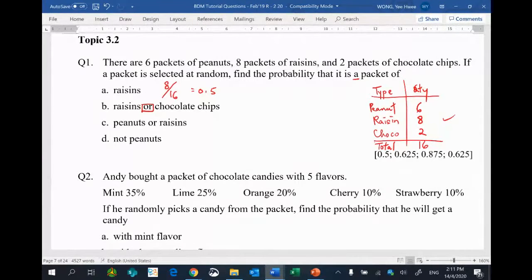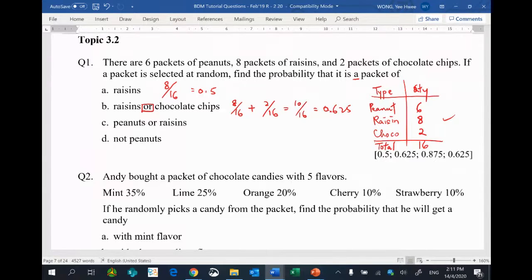Or, what do you do? Add. How many raisins? Raisin has 8. Or chocolate chips. Chocolate chips has how many? 2. So you get 10 over 16, which is 0.625.